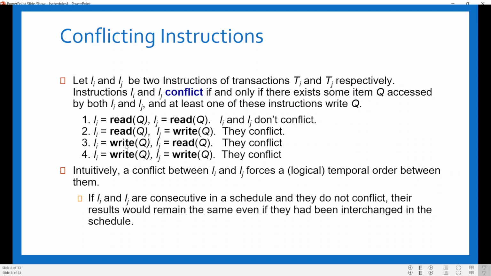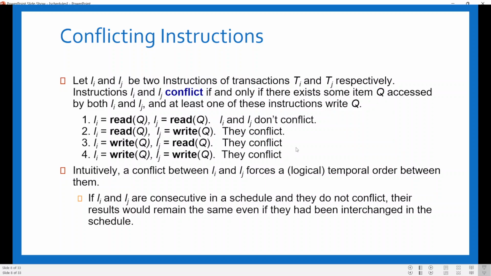In the third case, here it is write Q and here it is read Q. Again a write operation is there for the same data item, so they are in conflict. The fourth case is both are write, and obviously it will be in conflict. So any of these conditions, if there is a write operation for the same data item, then they will be in conflict.